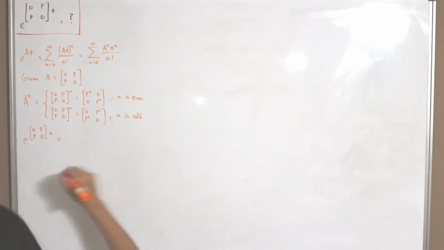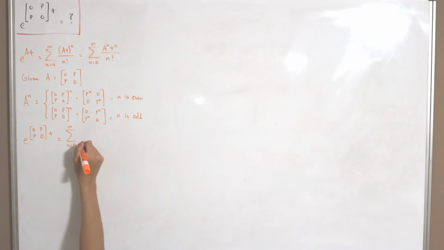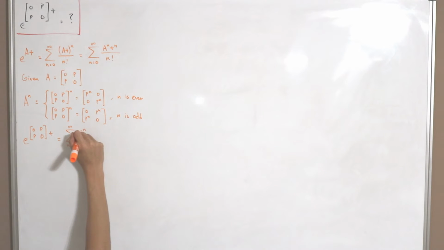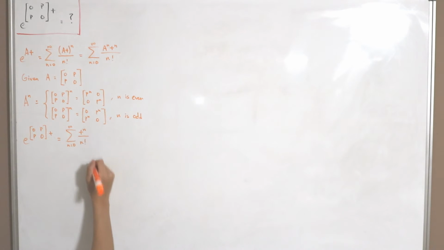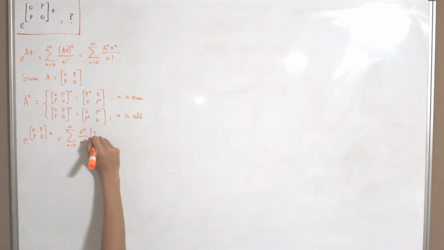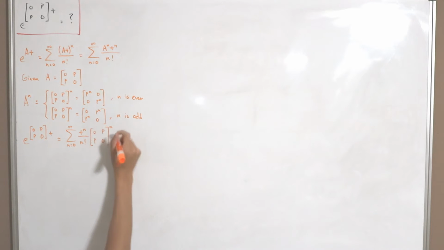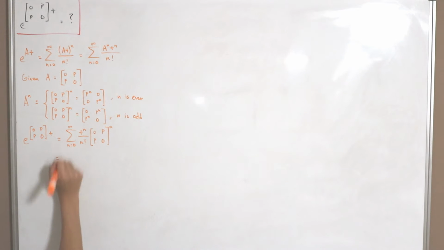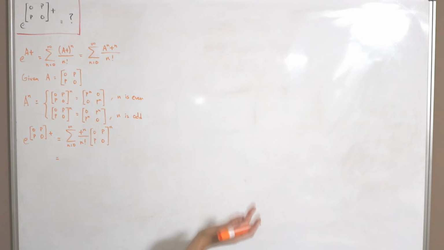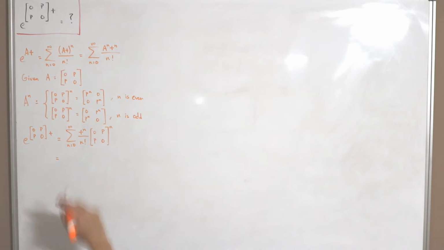If we write out the power series formula, this is the sum from n equal to 0 of t to the power n divided by n factorial, times the matrix 0, p, p, 0 to the power n. So we have to consider both the odd and even terms for our index n.